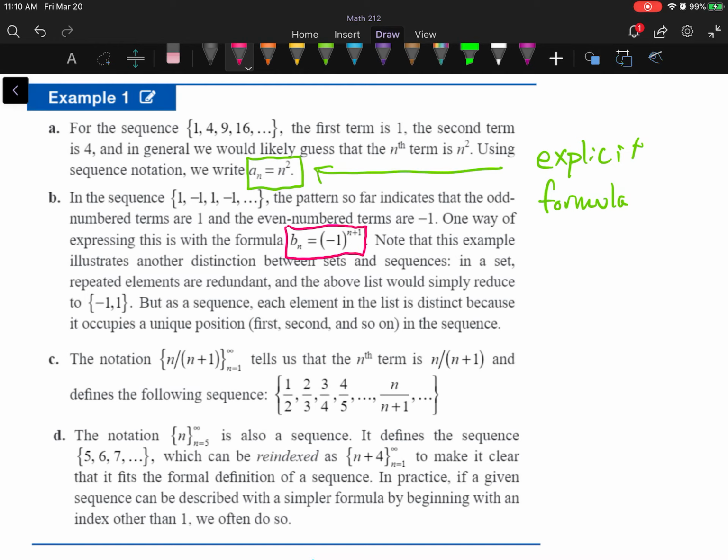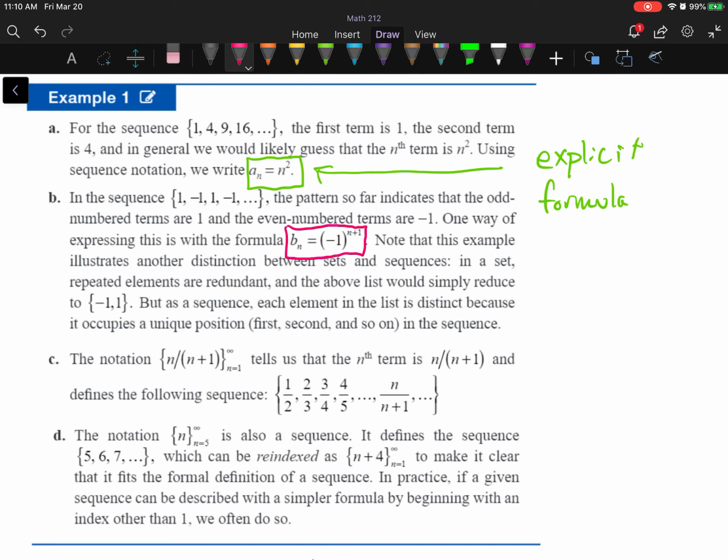In part C, we introduce some new notation. You can see that we have curly braces with an n equals 1 and an infinity there. That tells us that we're counting from n starting at 1 and moving on to infinity like we normally do in calculus. And this function's actually pretty special.